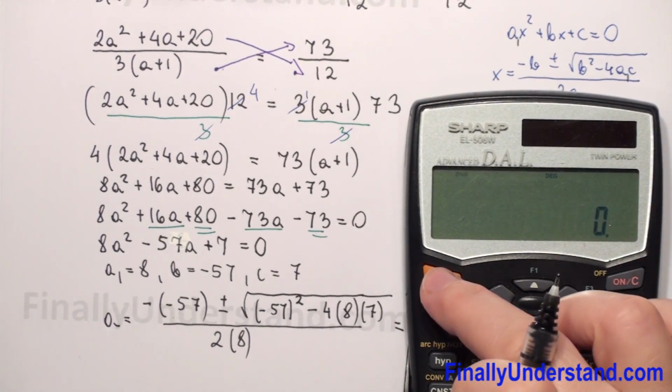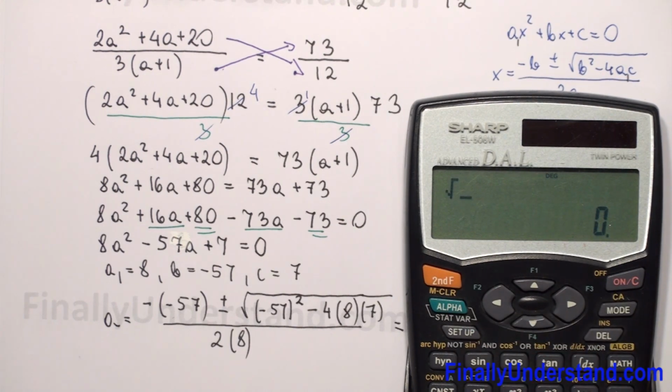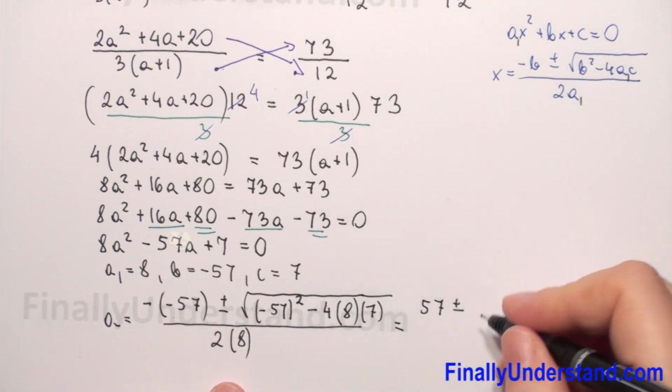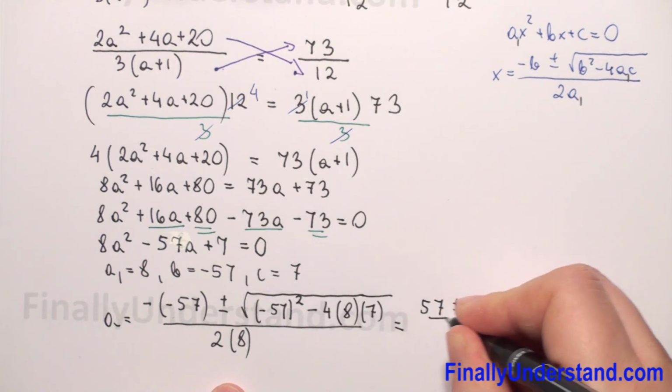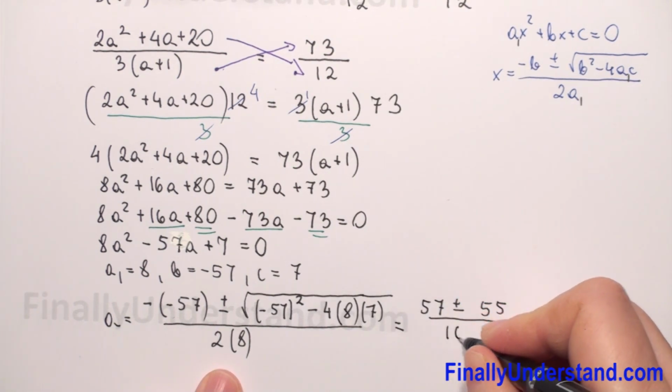We have square root, and we will put parentheses. We have negative 57 square minus 4 times 8 times 7, close parenthesis, this is equal 55. So we have plus minus 55 over 2 times 8 is 16.